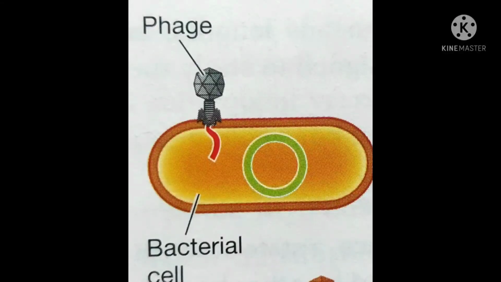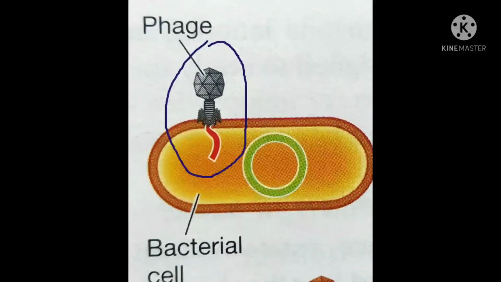Here you can see a bacterial cell which contains the bacterial genome in green color. Over the bacterial cell there is a phage attached. The attached phage then injects its genome into the bacterial cell. The bacteriophage genome here is in red color.